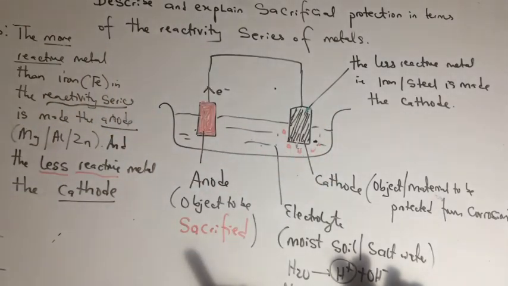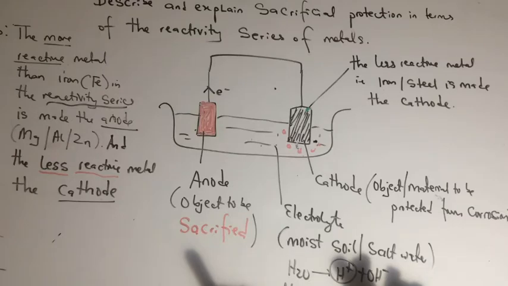That means the sodium ion does not receive the electron for reduction. Instead, it is the hydrogen ion inside the moist soil or salt water that receives it, and it is reduced to its molecule, hydrogen gas.